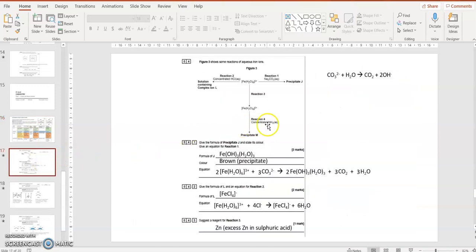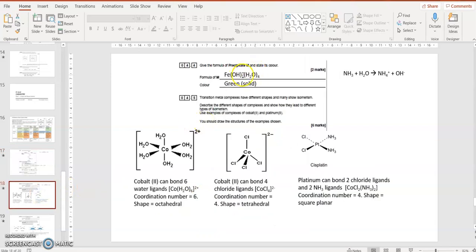So precipitate M is a green precipitate of Fe(OH)2(H2O)4, or as I say, you can put them the other way around, Fe(H2O)4(OH)2, a green solid, a green precipitate.